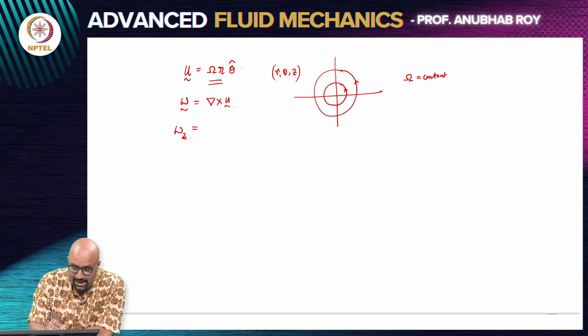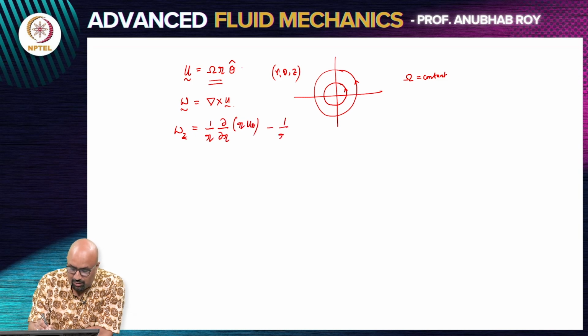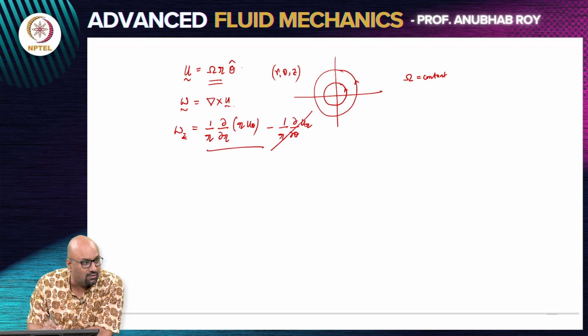So, omega z, the component of vorticity that is coming out of the plane, is going to be 1 by r dou r of r u theta. There is an additional component of vorticity which is 1 by r dou theta of u r. But there is no radial velocity, there is only an azimuthal velocity.